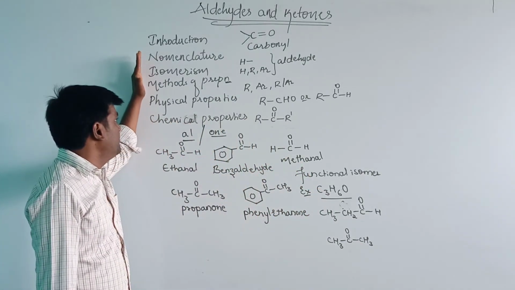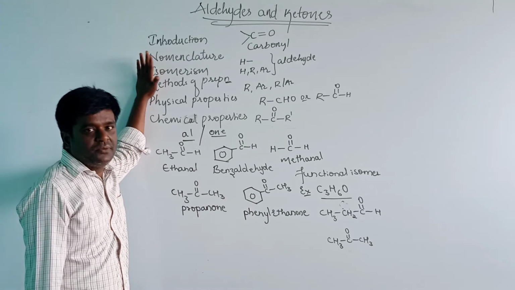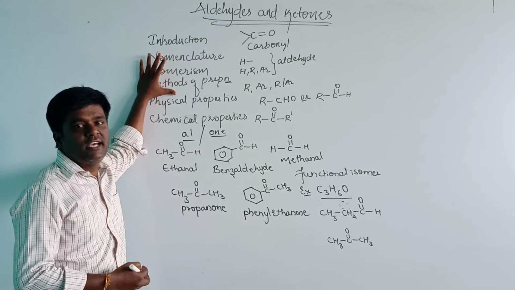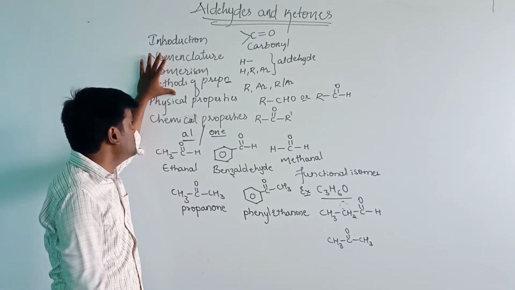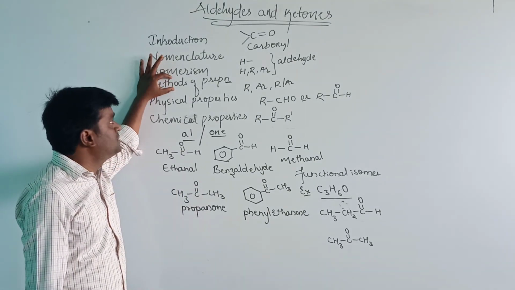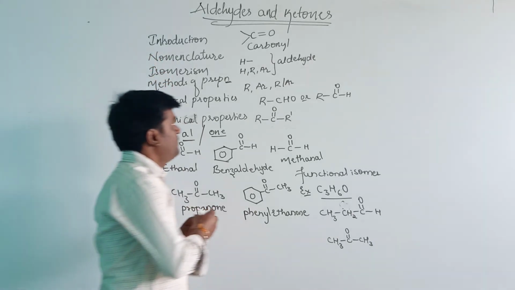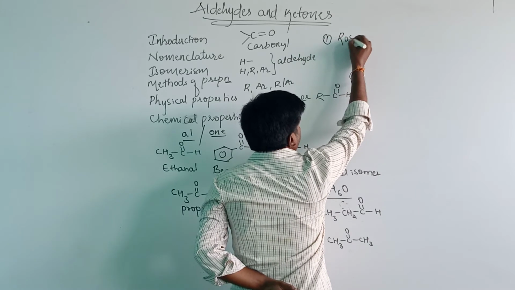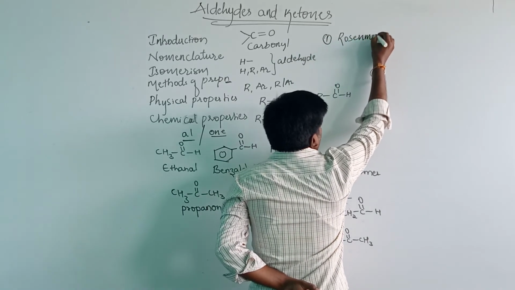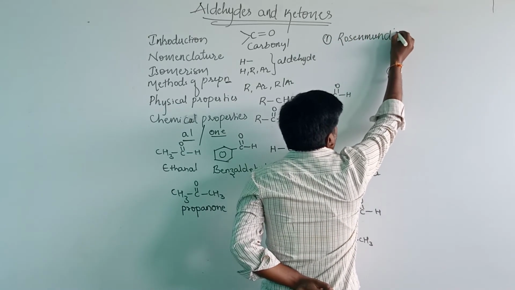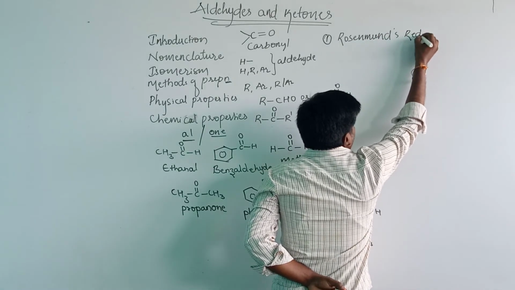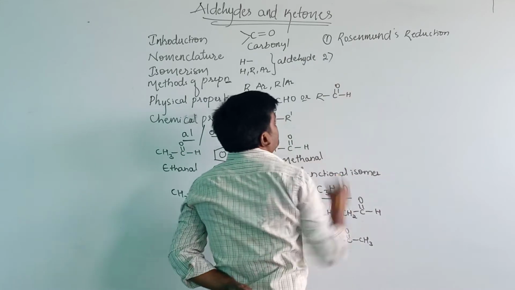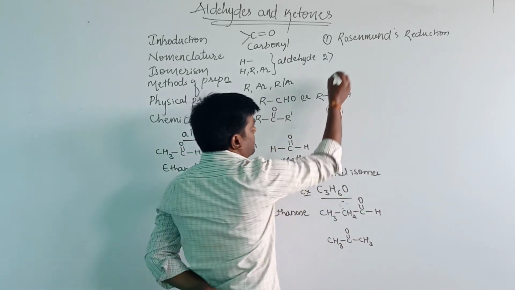Then the next topic is methods of preparation. There are special methods for the preparation of aldehydes as well as ketones. Let us see the special methods for the preparation of aldehydes. The first one is the Rosenmund reduction reaction. The second one is the Stephen reduction reaction.